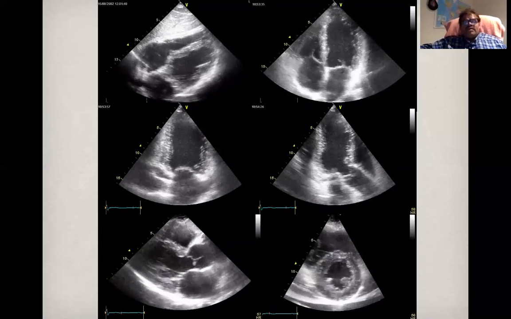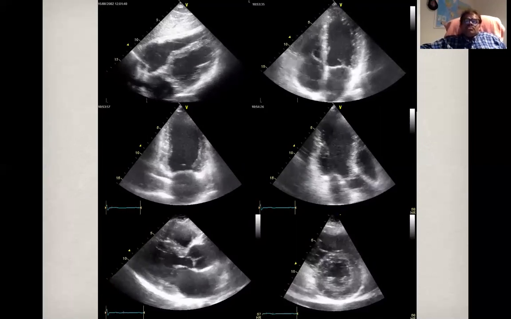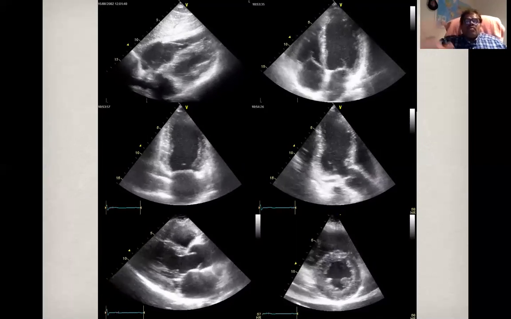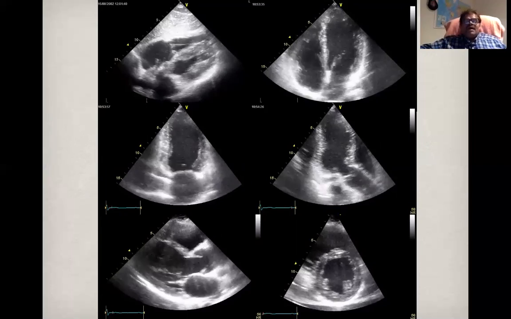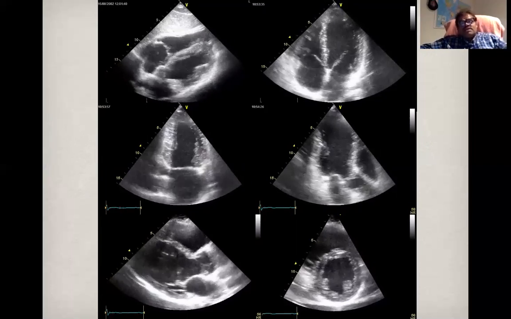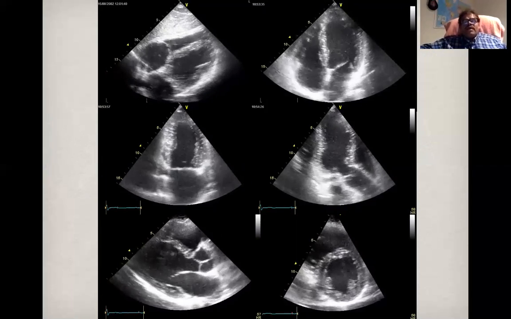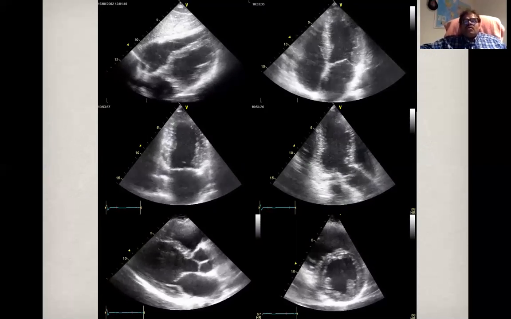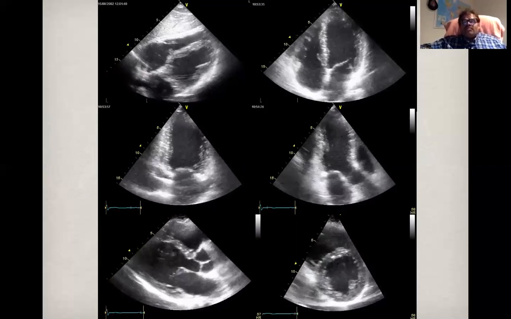These are not included in our FATE module, but these are also used by cardiologists to get an overall picture of left ventricular systolic function. If you take the general consideration of all the views, you get a better picture of how all the different left ventricle walls are contracting.